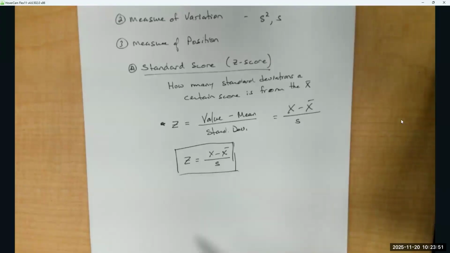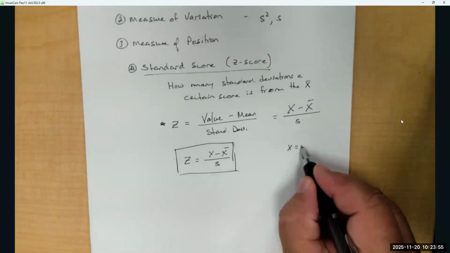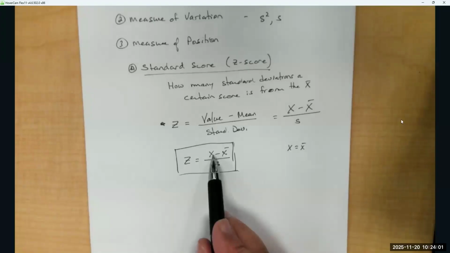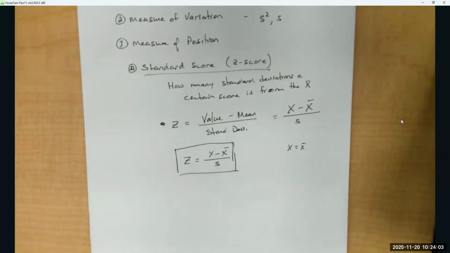Can your Z equal zero? That's what you're gonna say, wasn't it? I hope. If your score is the same as the mean score, or you scored exactly what the average of everybody else scores, then X minus X bar equals what? 0, so the z-score is 0.